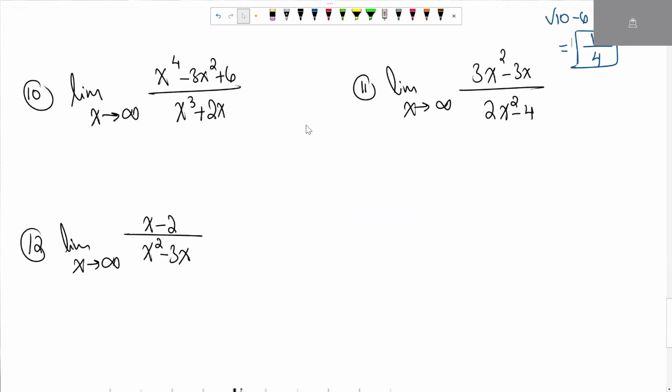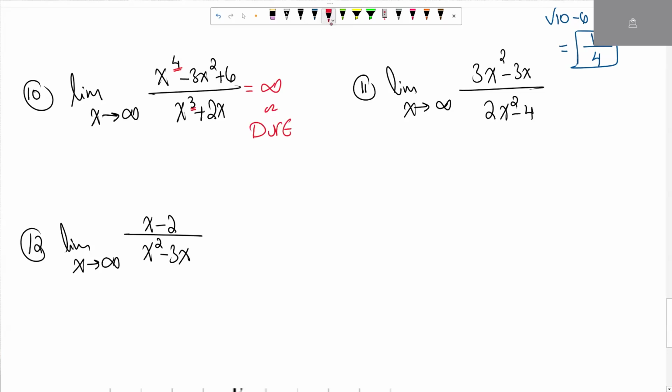For these 3 questions, they're about infinity, and whenever x is approaching infinity, we basically check the powers. Because the power here is bigger than the power there, the numerator is bigger than the denominator, so the answer of this one will be either infinity or DNE. They both will be correct.